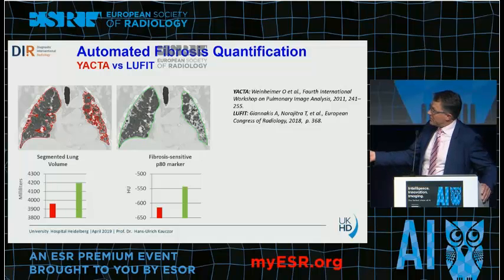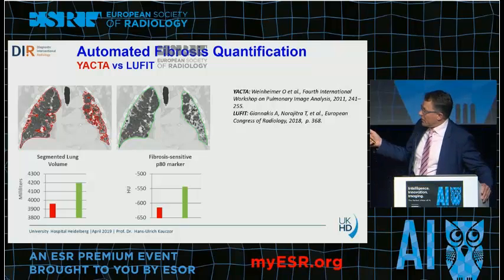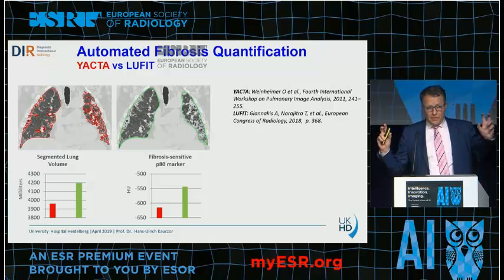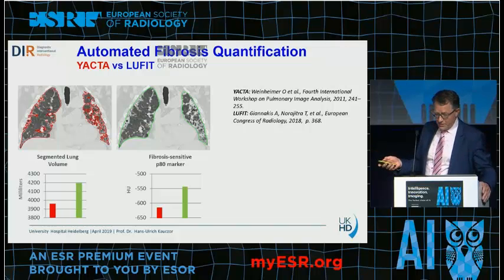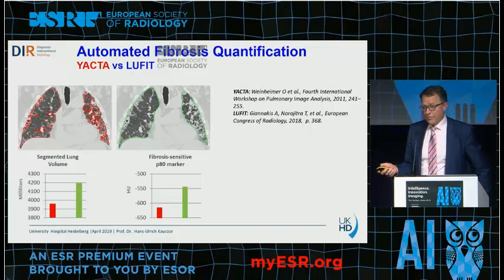And so you can very nicely see this is a well-trained, refined, density-based approach, and this is the deep learning approach. And you see that you have significantly different results and also a significantly better prediction and quantitation of fibrosis in the lung. And you can use this for follow-up of lung fibrosis with the new therapies that are currently available.